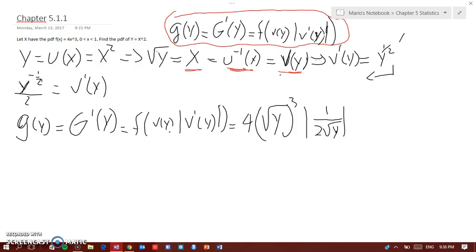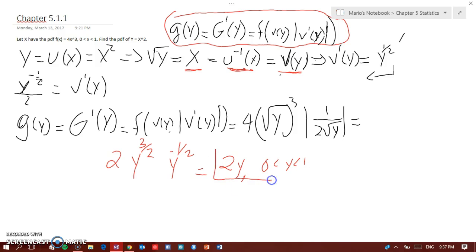If you simplify, you get 2 y to the power of 3 over 2 times y to the power of negative 1 over 2. And that would equal 2y, between 0 and 1.